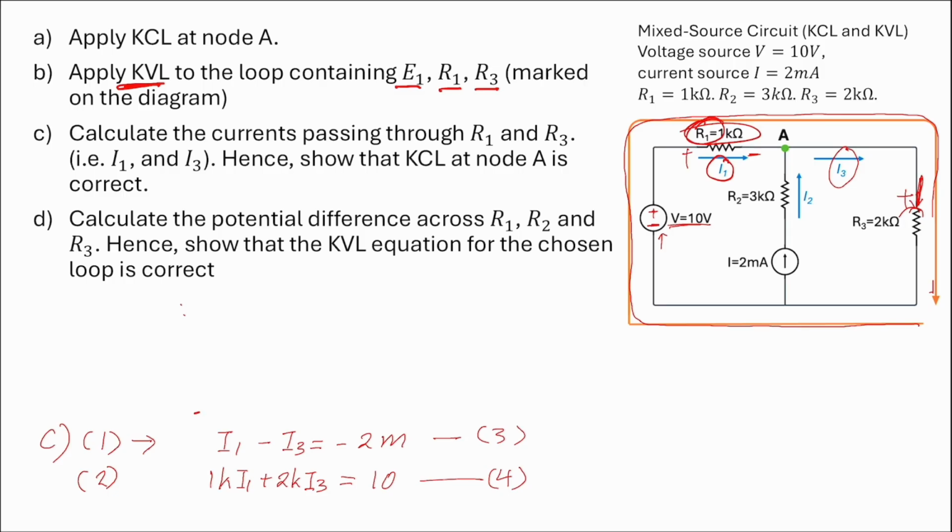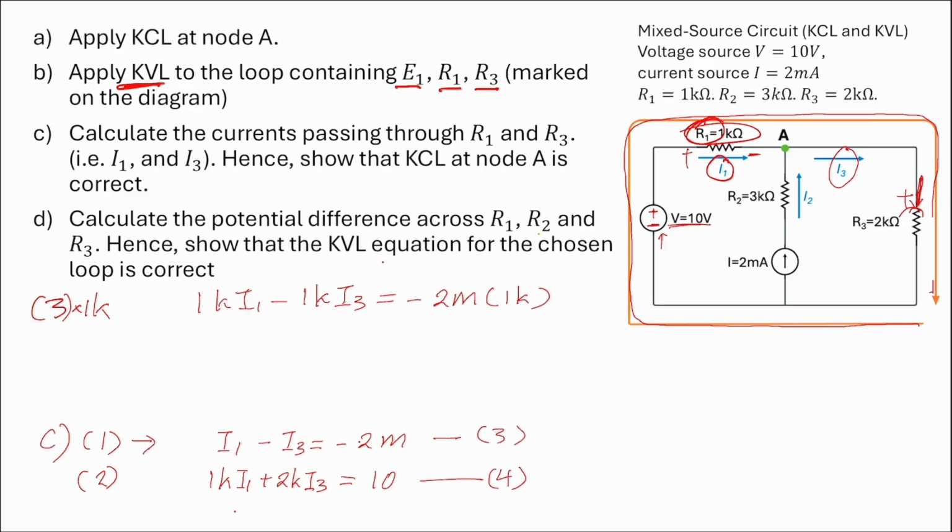And we see something here: in equation 4, the coefficient of I1 is 1K. So what we can do is multiply 3 by 1K. So equation 3 becomes 1K I1 minus 1K I3 equal to minus 2m multiplied by 1K.